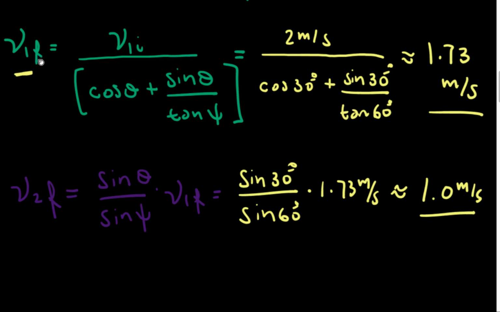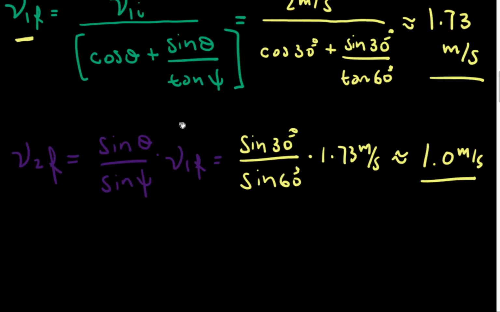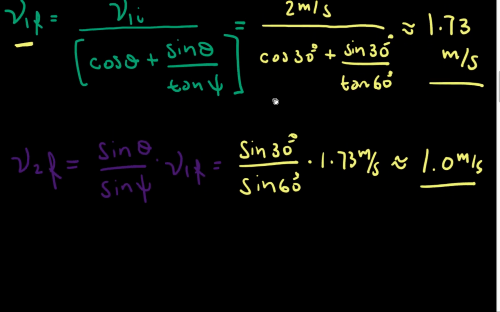This V1 final and this V2 final is the length of the arrows. So if we have the Cartesian for the final case, and we do V1 final, the length of this arrow is 1.73.